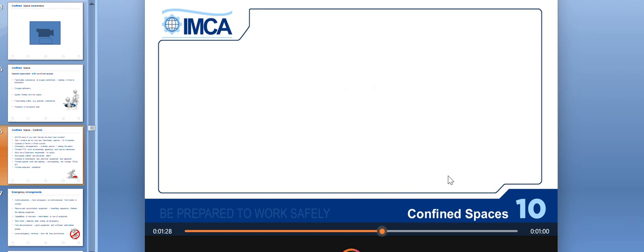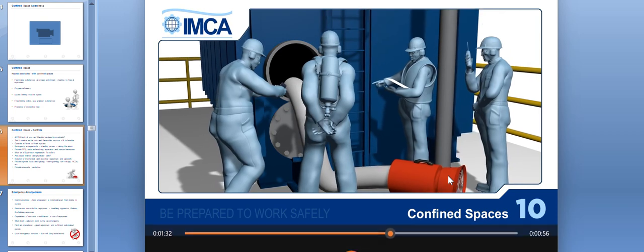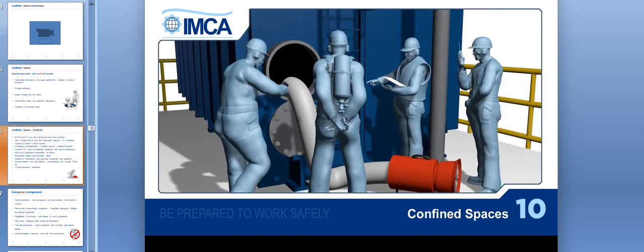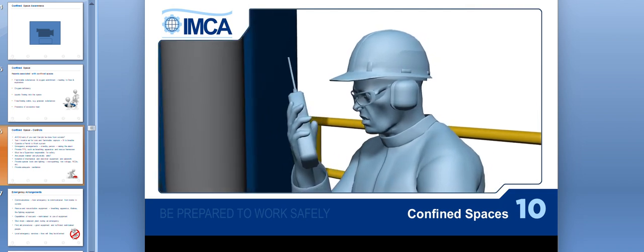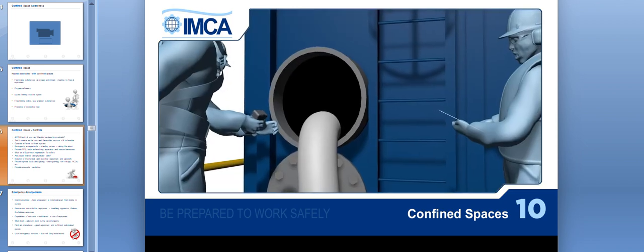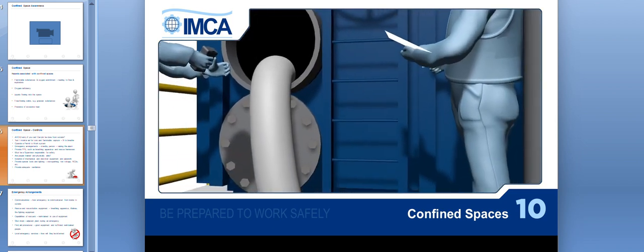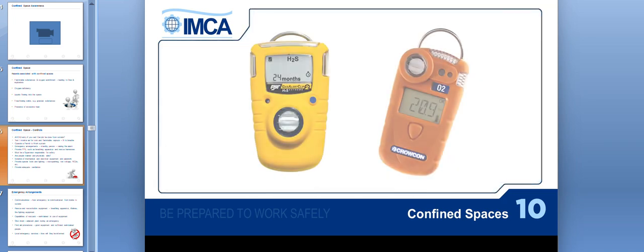A trained rescue team with breathing apparatus and other suitable PPE should be on standby. Throughout the job, there should be constant visual or voice communication between the safety attendant and the persons working inside the confined space. Ensure there is adequate ventilation, and ensure you have a personal gas monitor.